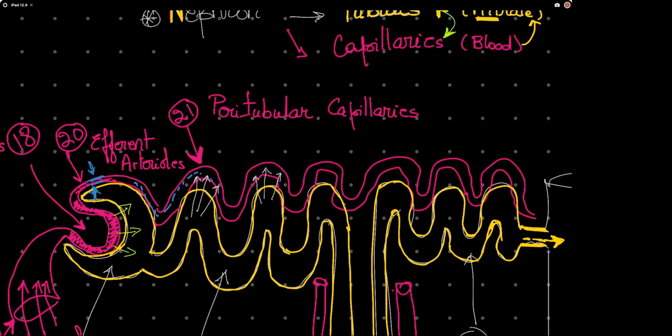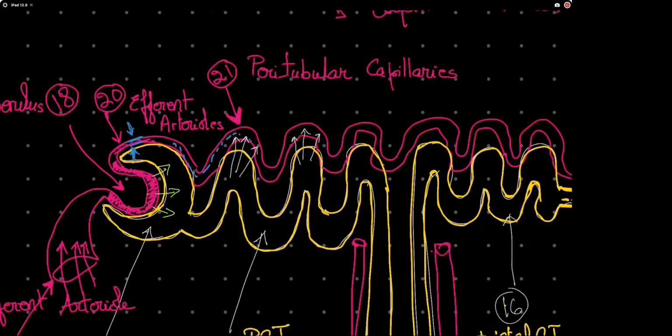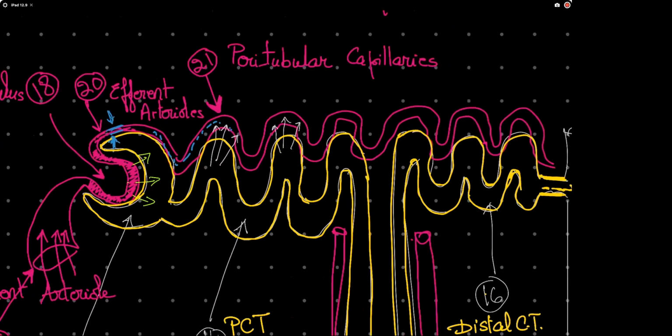The amount of blood reaching my peritubular capillaries is going to drop. So here, the amount of blood going to the peritubular capillaries will drop. And what's going to happen to the amount of reabsorption taking place? So imagine here, this is my kidney tubule, and this is my peritubular capillary.